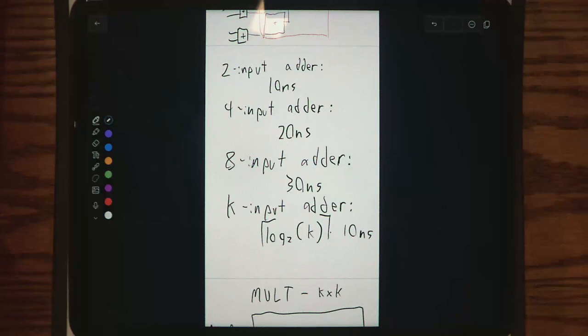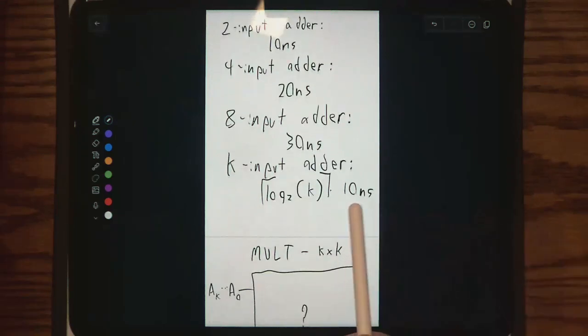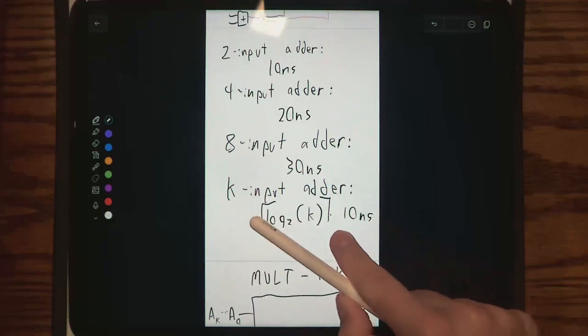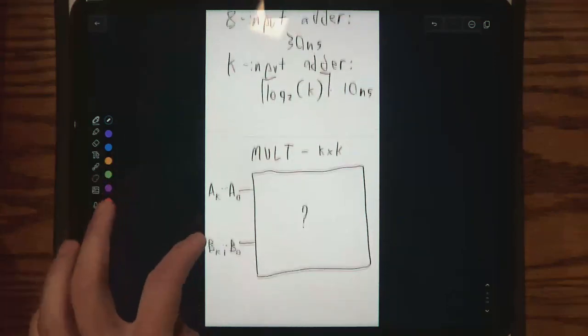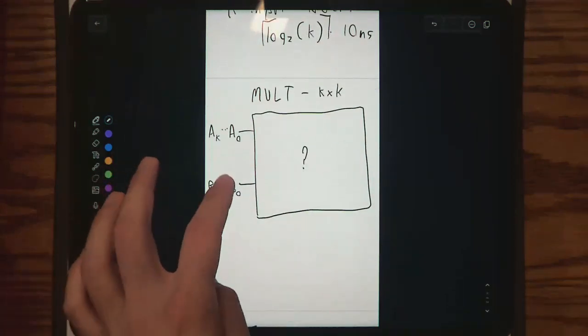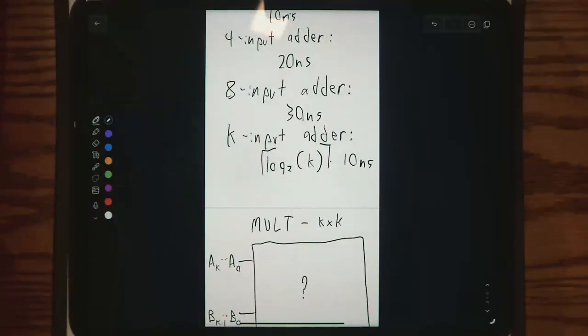Is it 11? 9? Okay, thank you. Oh, so 10, right? If we round it up. So if we now have that it takes 90 nanoseconds to add up 1,000 elements, and also that's taking up a lot of power, which isn't great. So now our delay is 90 nanoseconds.